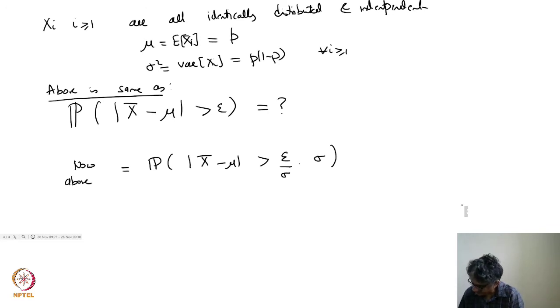We also know from the above calculation that E of x bar is the same as mu, and the variance of x bar is sigma squared by n. So I divide by sigma by root n and multiply by sigma by root n.